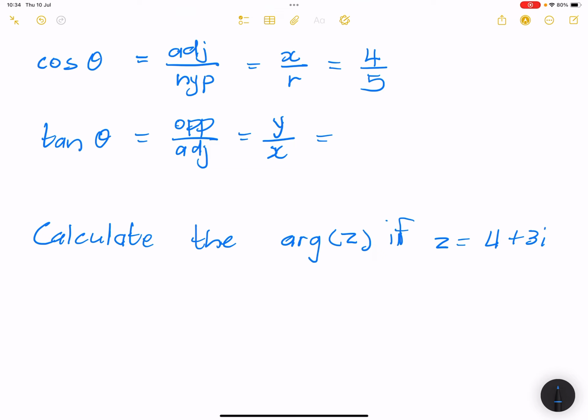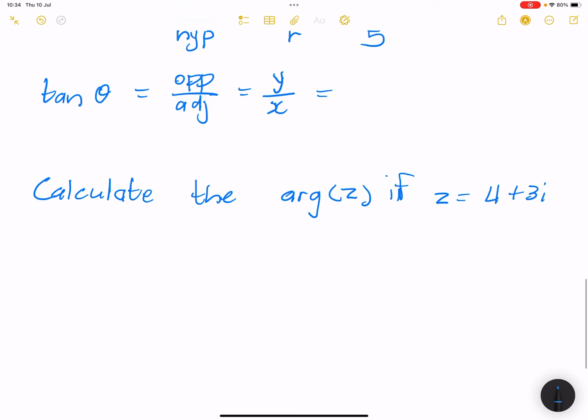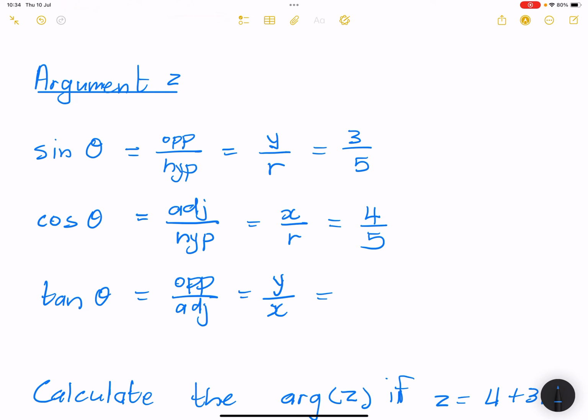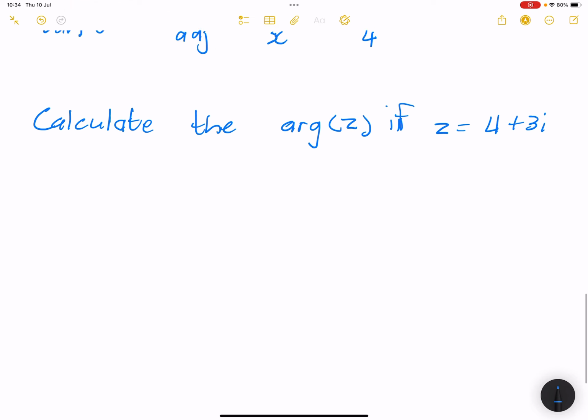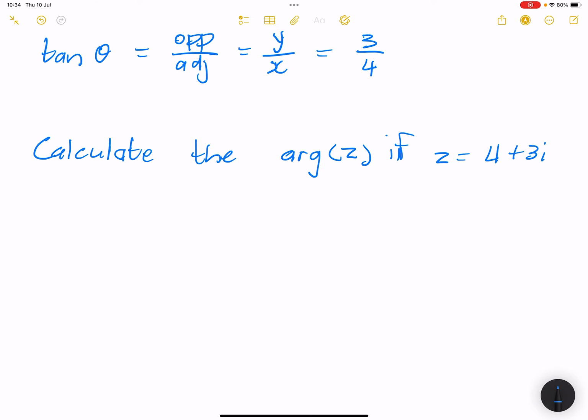Right, so how am I going to get that angle over there? Well, we can take any of the trig ratios. I've already given you those ratios. And by the way, for the tan, we know that this was y, which is 3, over x, which is 4. So that's 3 over 4. Now remember, I've got the x value and I've got the y value.